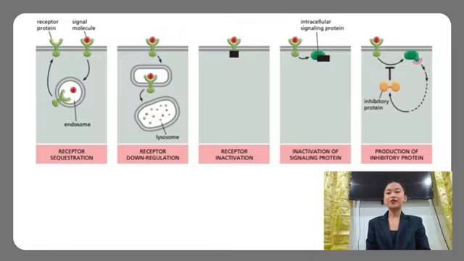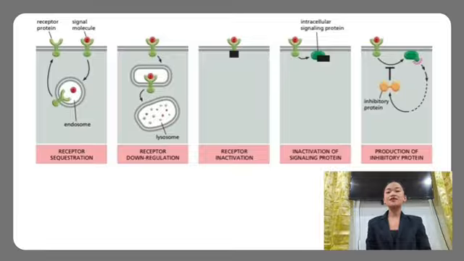For the final part of my report, I'll be explaining the different ways in which target cells become desensitized or adapted to an extracellular signal molecule. First, we have receptor sequestration. Sequestration means to isolate or separate. In this process, the receptors are temporarily removed from the cell surface and placed inside endosomes.